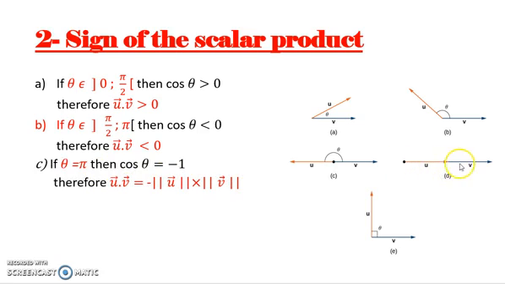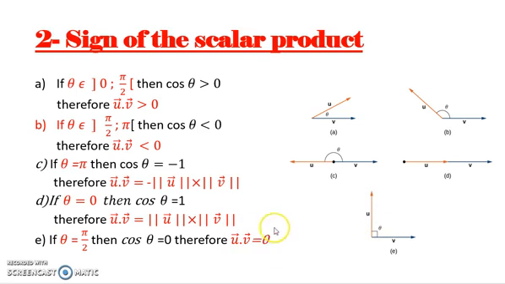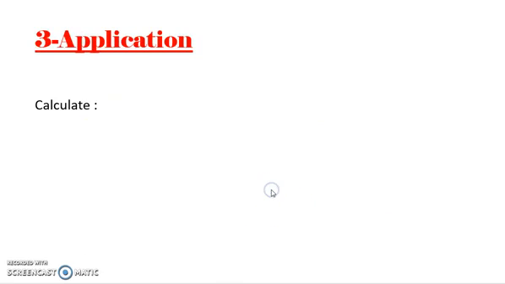In figure D, the two vectors u and v are collinear having the same sense, then the angle between these two vectors is equal to 0, and we know that cosine of 0 is equal to 1, so u dot v is equal to norm of u times norm of v, which is positive. In the last picture, the two vectors u and v are perpendicular, and we know that cosine of pi over 2 is equal to 0, then u dot v is equal to 0.